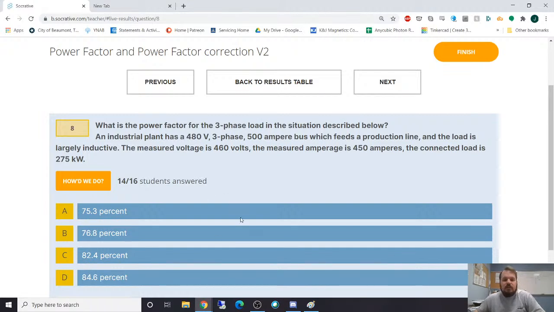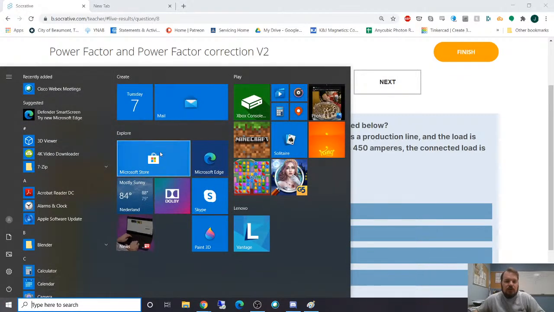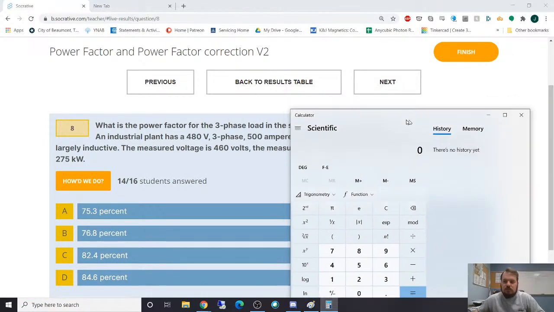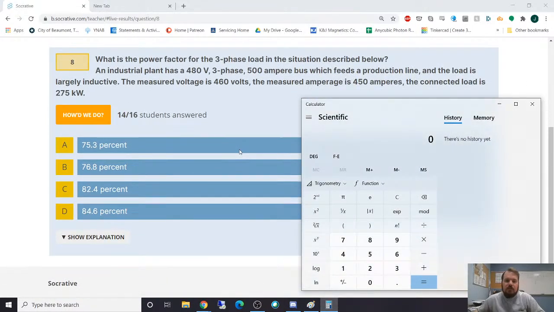All right. So again, this is just a combination of that first question that we did, maybe like the third. So, calculator. So we have 460 and 450.